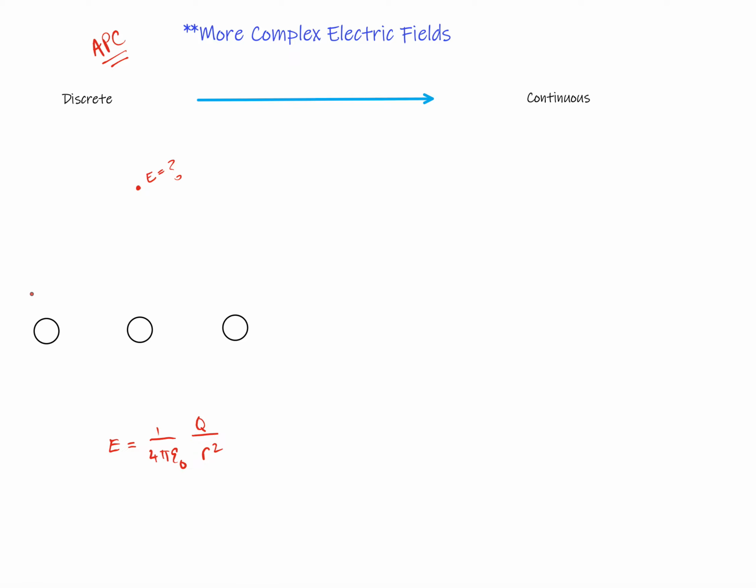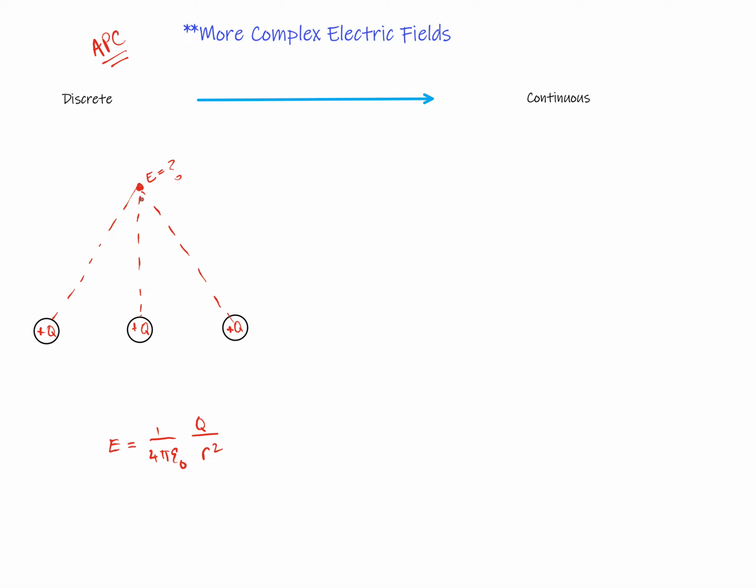And so these source charges, which let's say maybe have the value of positive Q, so let's say they're all the same, they could be different, right? Each one of those contributes to the electric field at that point, right? Due to the distance it is away, the magnitude of the source, and the vacuum permittivity.